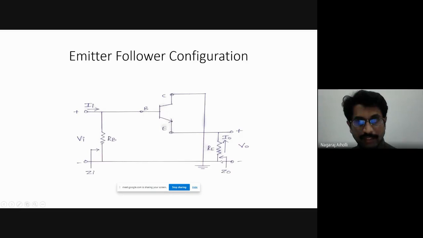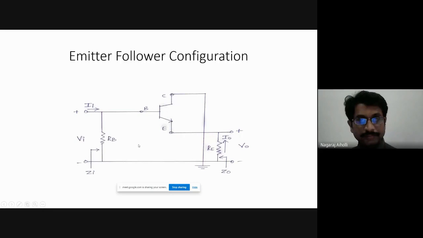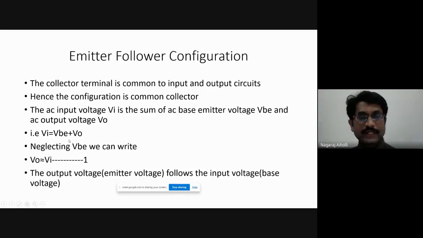Therefore, Vi is VBE, the base to emitter voltage, plus V naught. VBE is very small, 0.7 volts, and negligible as compared to V naught. Therefore, we can neglect this VBE term.